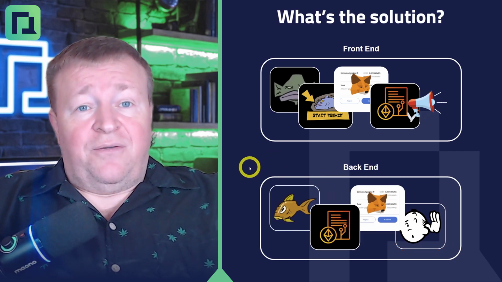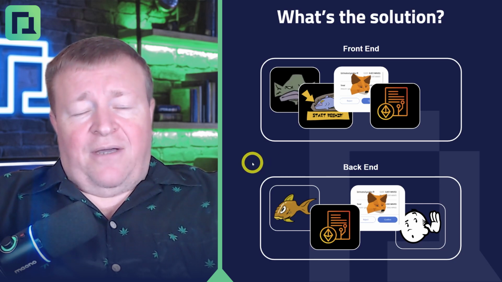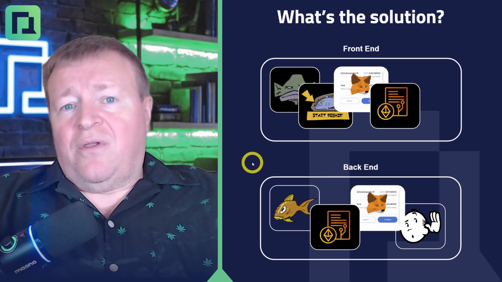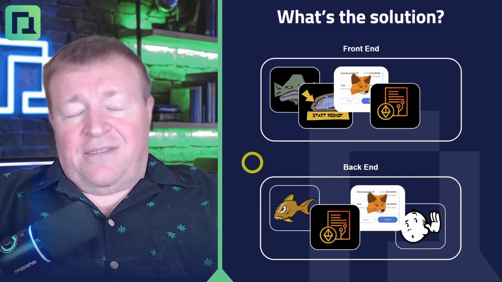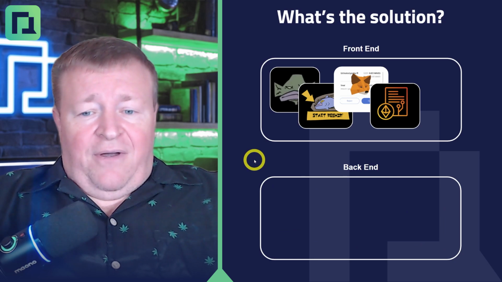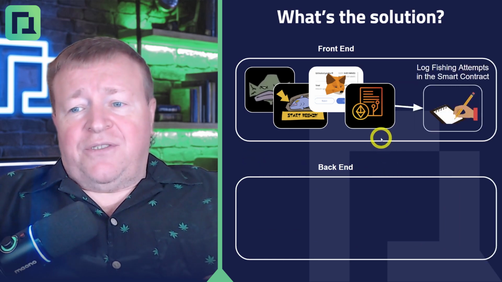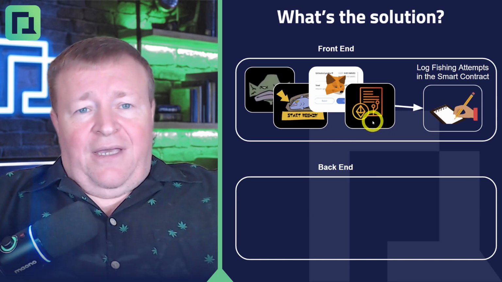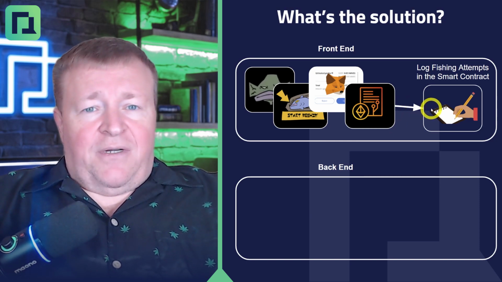So what's the solution? The solution is we get rid of the event. Now we can keep the event, but we're no longer going to rely on it. So we're going to take it out of here because it's nice to have, but we don't actually need it. And on the back end, we're going to get rid of all of that. And so the front end, we're going to start logging every time a user goes to fish. We're going to log that attempt in the smart contract itself.